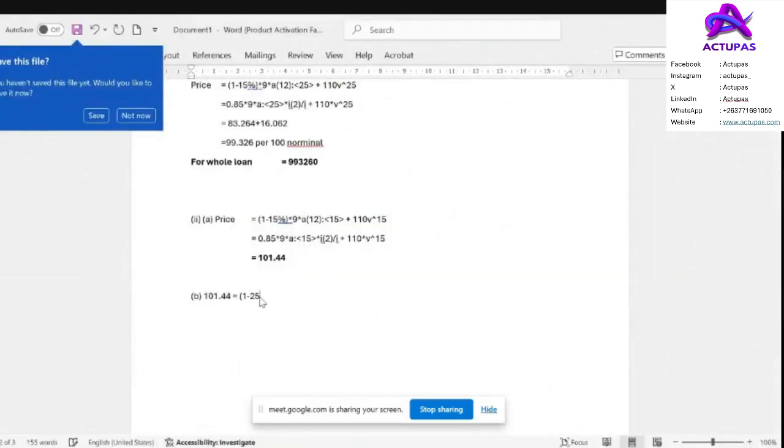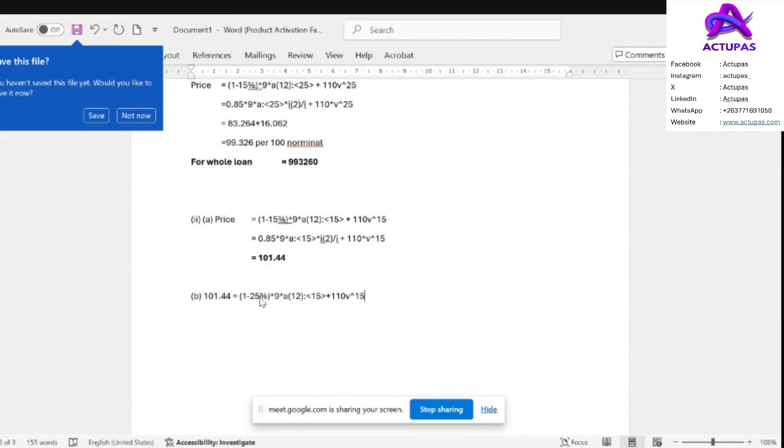So this would be 1 minus 25% by 9 by A12, 15, plus your 110 v to the power 15.